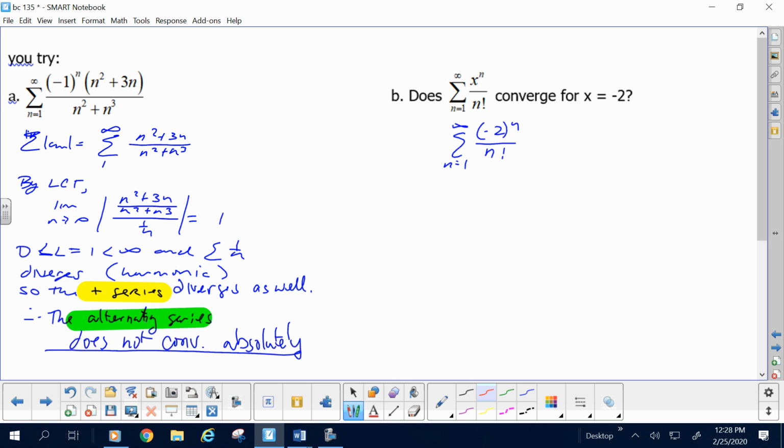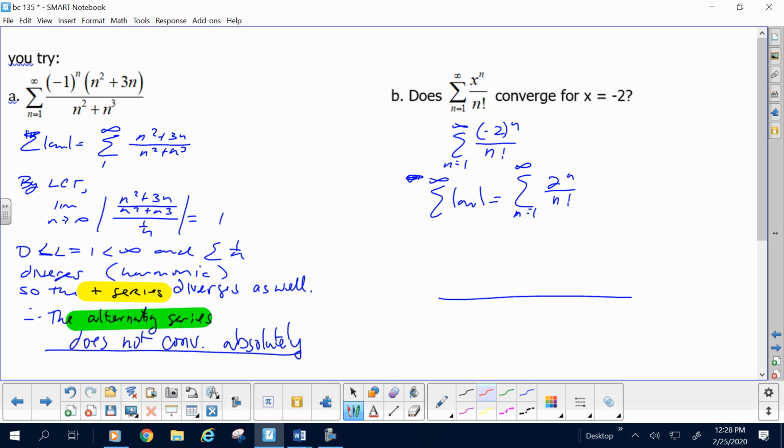What test did you use when you removed the sign? The ratio test. The ratio test. So it becomes 2 to the n over n factorial, yeah? Oui? Okay, cool. So by the ratio test, did it converge or diverge?